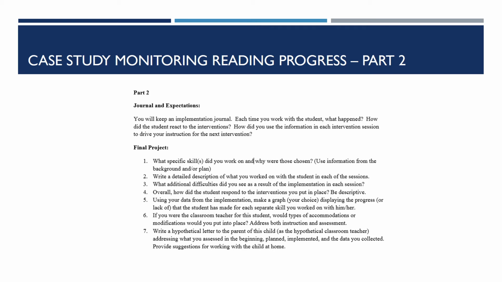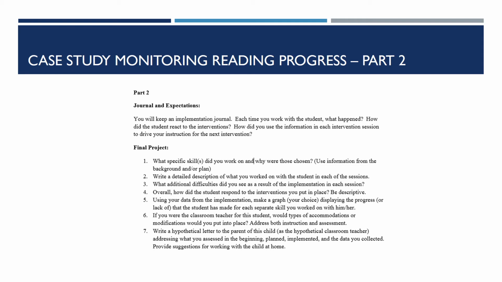If you were in a class that was stretched over a semester, you would actually be doing this with a student. But we're trying to make it convenient for you, so we're giving you the information and asking you basically to interpret that information. So your journal is basically the information that I gave you with the data points in it. So it doesn't include anecdotal notes.